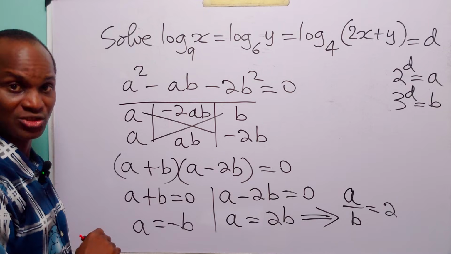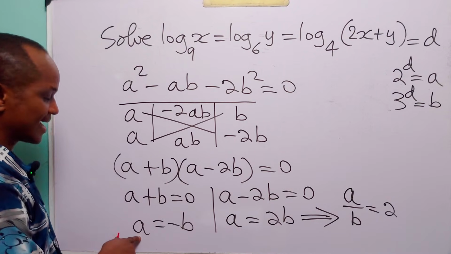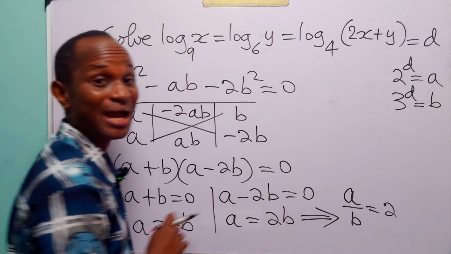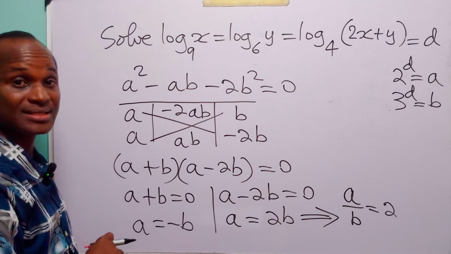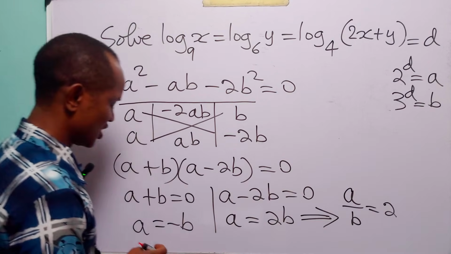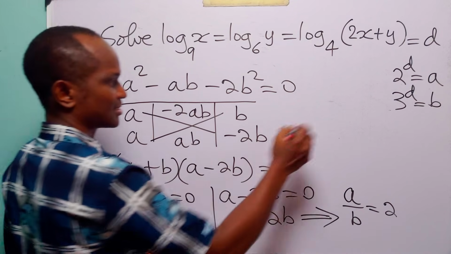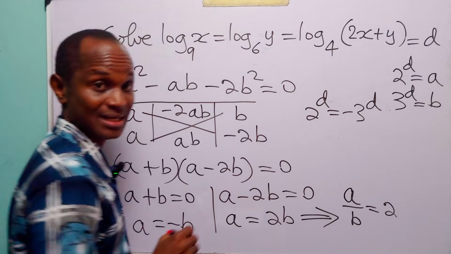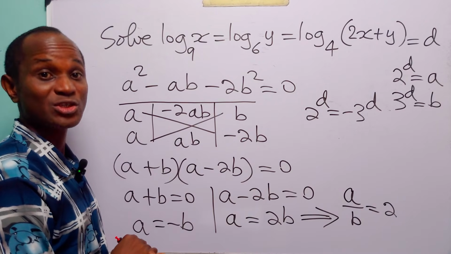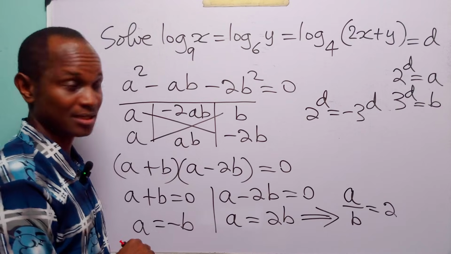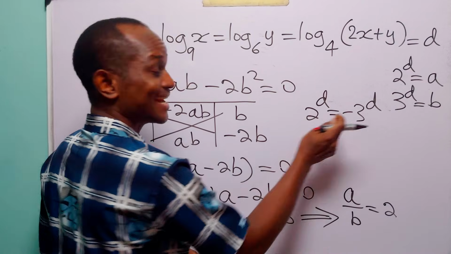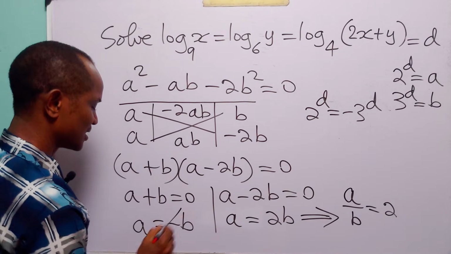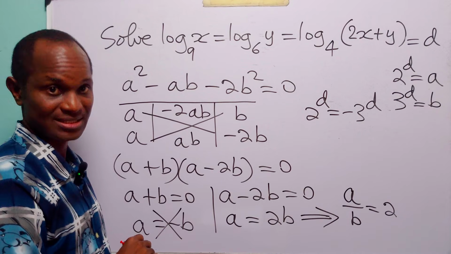Now look at this equation and remember that a is 2 to the power d, while b is 3 to the power d. So this equation simply means that 2 to the power d is equal to minus 3 to the power d. But of course, you know that there is no real value of d which is going to give us a negative outcome. So this equation is unacceptable.